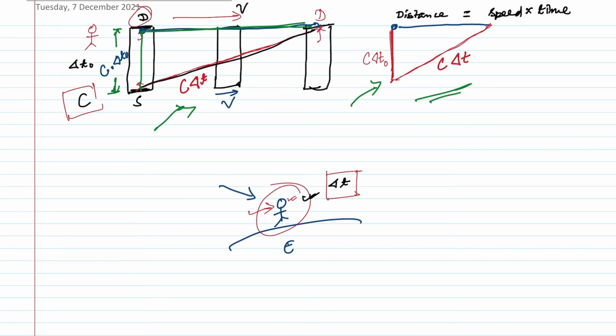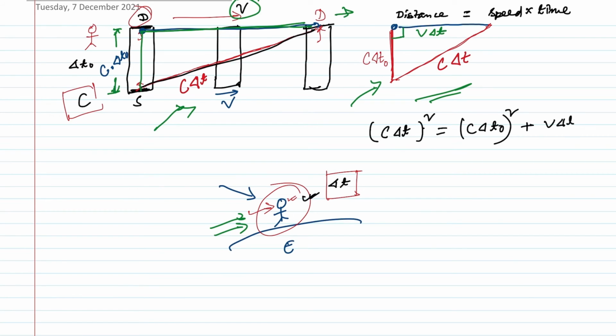As it is moving with the speed v in this direction, and time observed by this observer on the earth surface is delta t, this is v delta t. So now you can assume this is a right angle triangle here, so you can apply Pythagoras theorem. If you apply Pythagoras theorem, then you will get (c delta t) whole square is equal to (c delta t naught) whole square plus (v delta t) whole square.